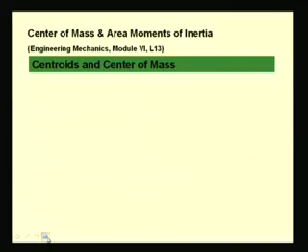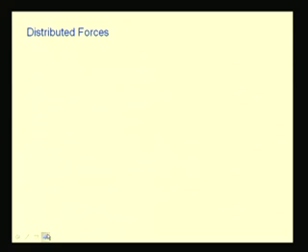Let us see what kinds of distributed forces occur. We very well know that gravity acts on all the constituent parts of matter, and thus it is in fact a distributed force.